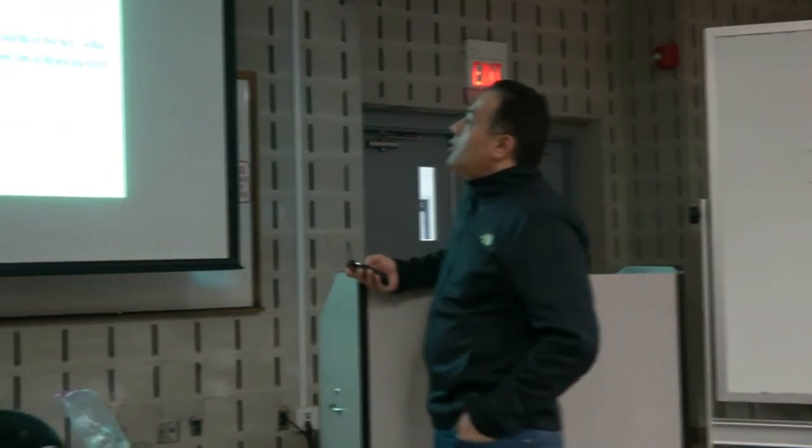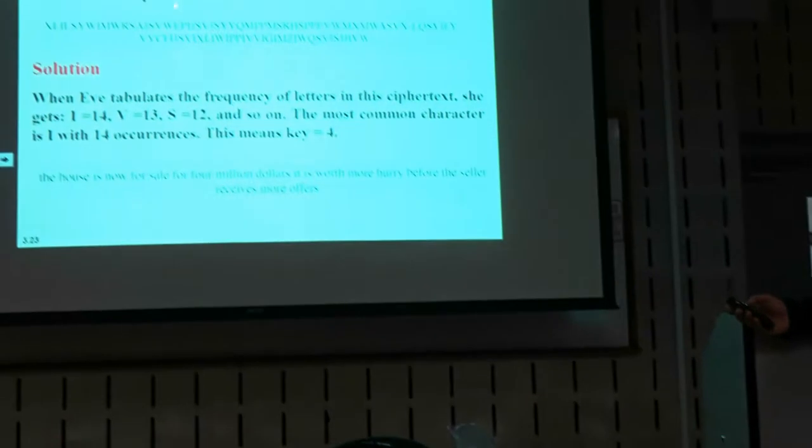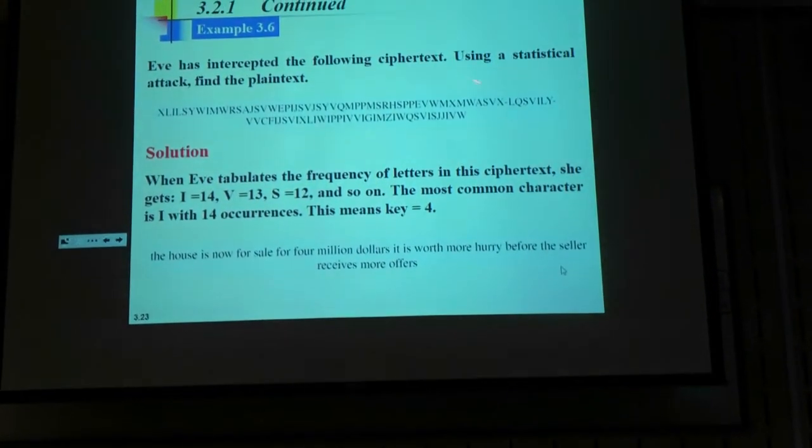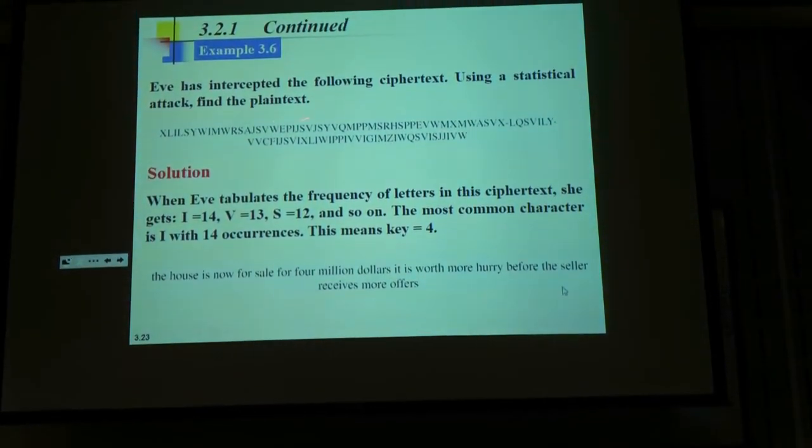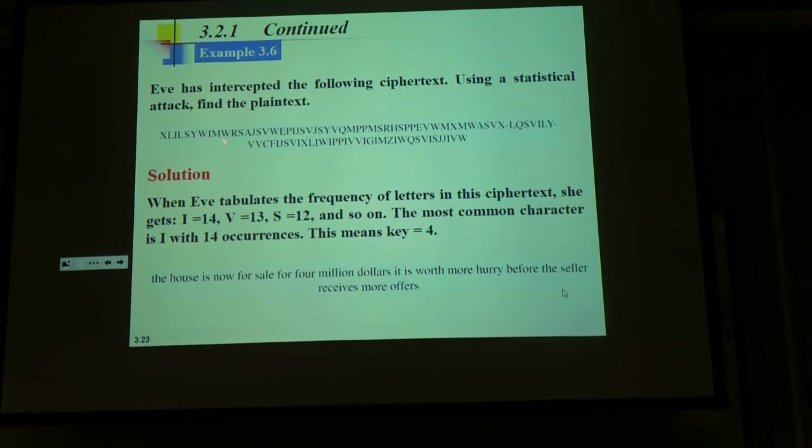So here, for example, Eve has intercepted the following ciphertext and uses a statistical attack to find the plaintext. Here is the data. When Eve tabulates the frequency of letters in this cipher, she gets I 14 times, V 13 times, S 12 times, and so on.